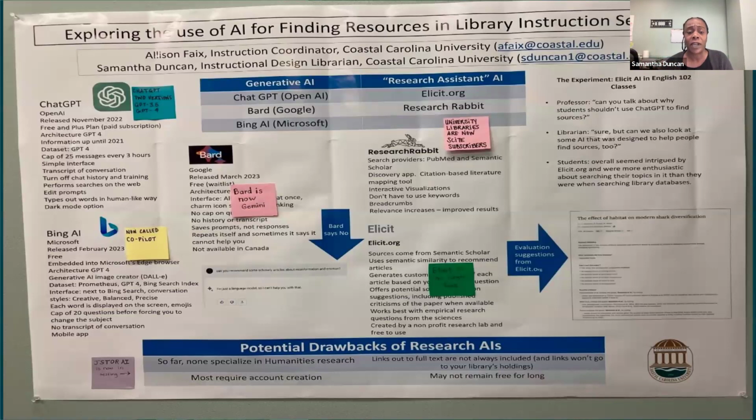Elicit, which we were demoing last May. It was free. It is no longer free. It's commercial, and there's not a library subscription for that. And also last year, we couldn't find any research assistant AIs for humanity. So we were quite disappointed, but lo and behold, now there is JSTOR AI beta. So that's why we wanted to show you this picture here.